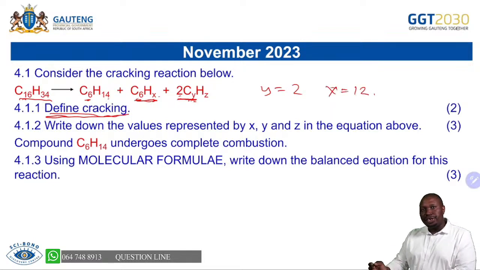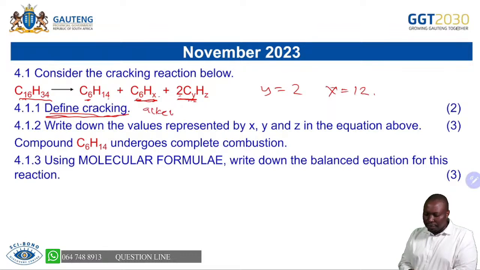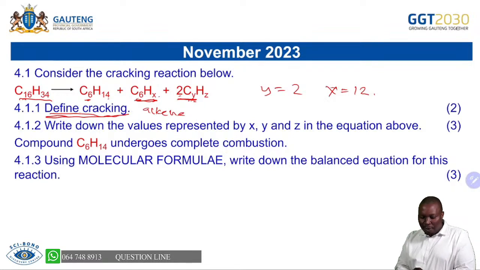It's C6H12. Now, this is an alkene. Now, the expectation is that we have taken 12 plus 10, which is 22, 26.